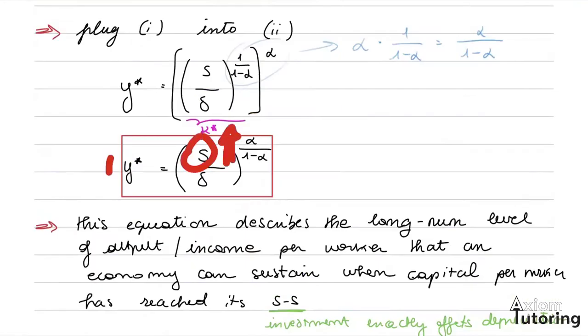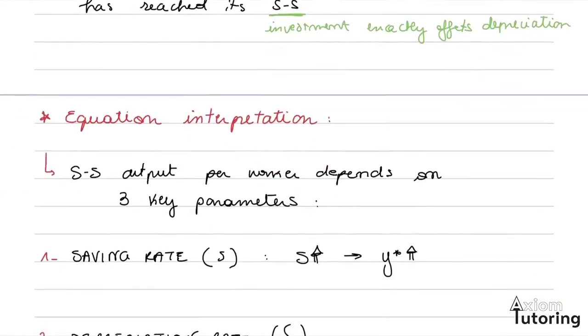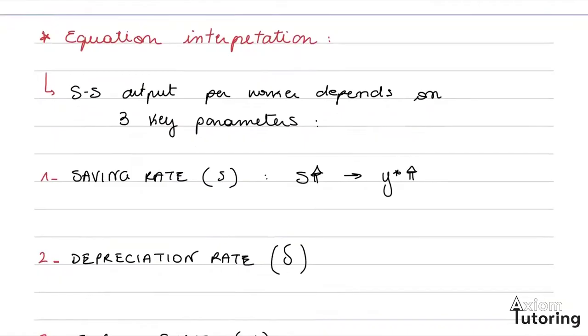Because if more is saved from what is produced, more resources are allocated to investment. And this allows workers to accumulate more capital and become more productive.